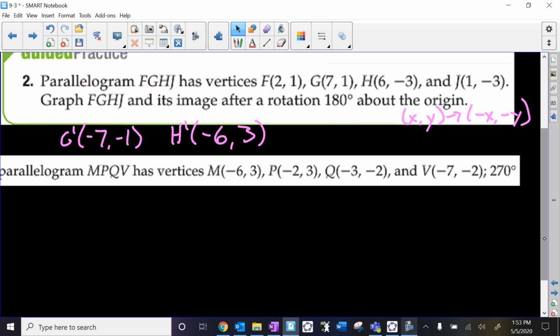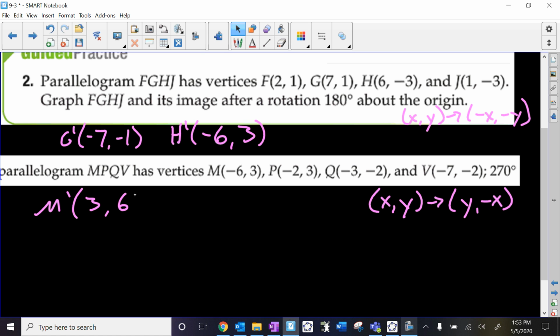Your last one, 270 degrees. Your rule, (x, y) is now (y, -x). So M prime is going to be (3, 6). P prime is going to be (3, 2).